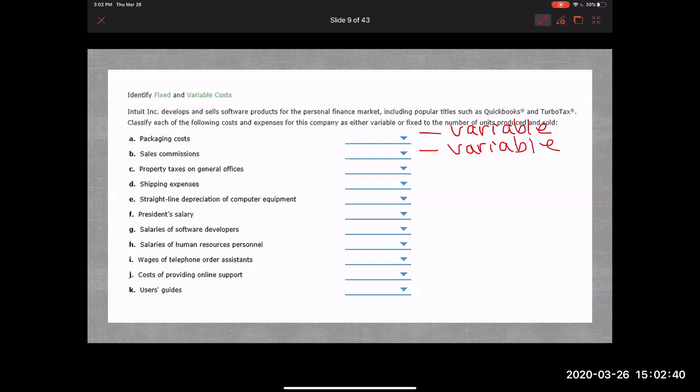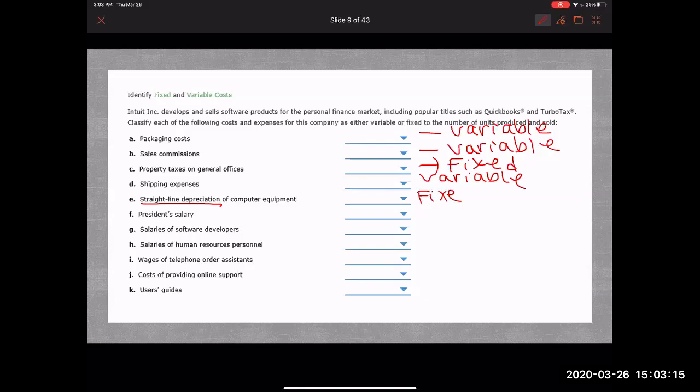Property taxes on the general office would be a fixed cost, because no matter if you sell, develop the software, or package it, you're still going to have property taxes. Shipping expenses, I would say, is a variable cost as well. It depends on how much you ship. Straight line depreciation, the moment they say that, I realized this was a fixed cost.